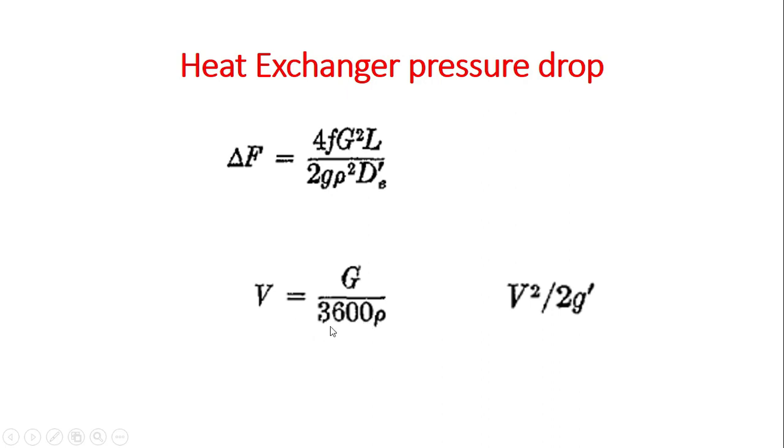You will get the velocity for the annulus side, and the units of this velocity would be feet per second, and ultimately this would be the formula that would be used for the pressure drop due to the velocity. So this is all about the introduction and the parameters and the correlations that would be used for the design of the double pipe heat exchanger.